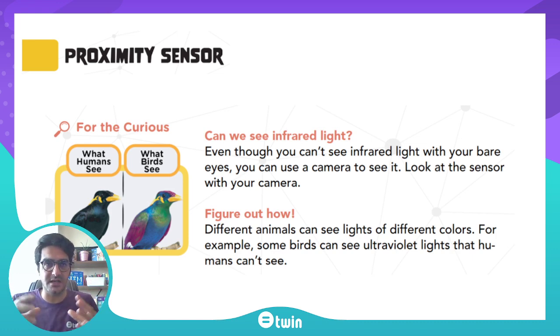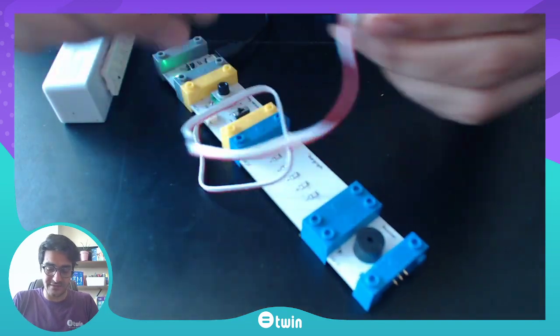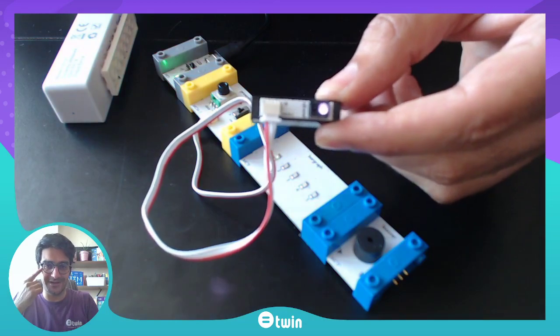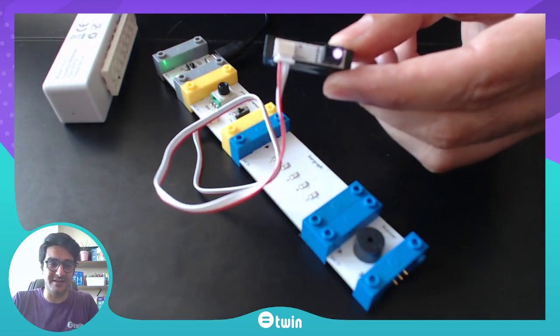These lights cannot be seen by our naked eye, but you can use a camera to see it, as I showed you. If I open the power and check, I cannot see this light with bare eyes, but the camera collects this infrared light.